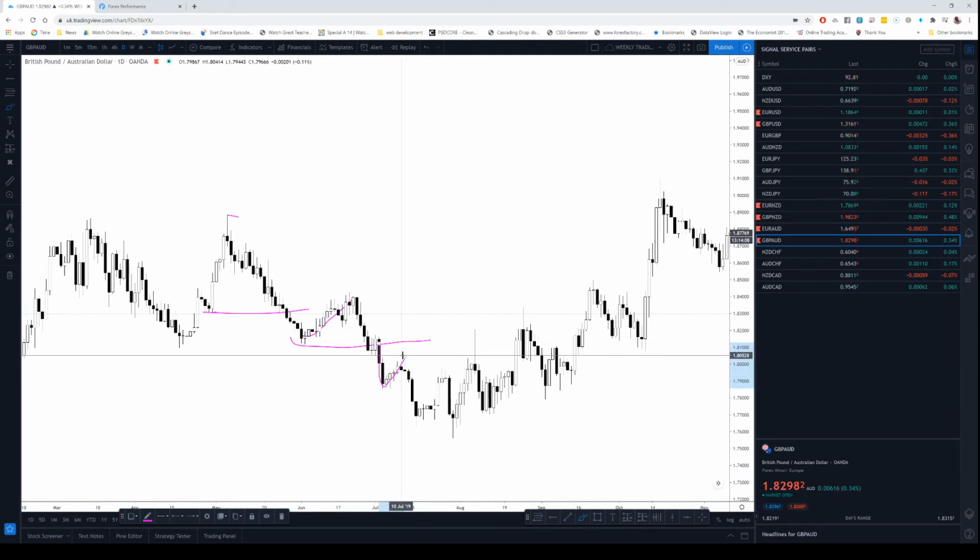We push back up, you look for sells for continuation. Push back up, you look for sells for continuation, and then you can see all of a sudden we changed direction. So once we've changed direction, retracement, we look for buys. Retracement, we look for buys, until we break below a low, and then we switch again.